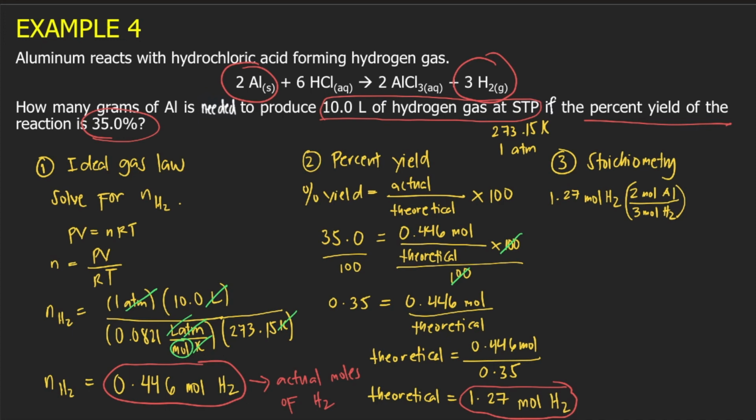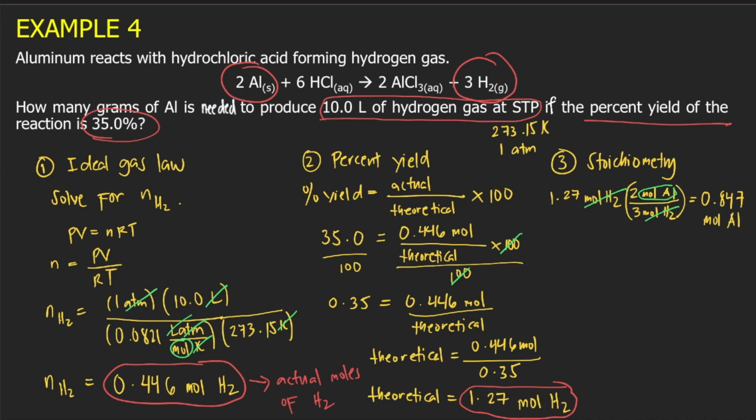So the moles of H2 will cancel. Now we have moles of aluminum. And if you solve this, 1.27 times 2 divided by 3, this is approximately 0.847 moles of aluminum.